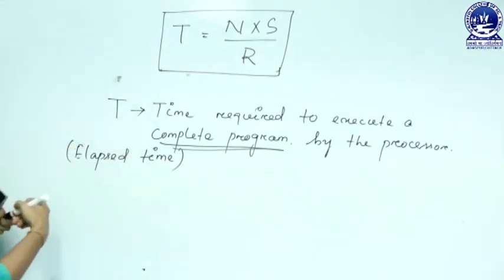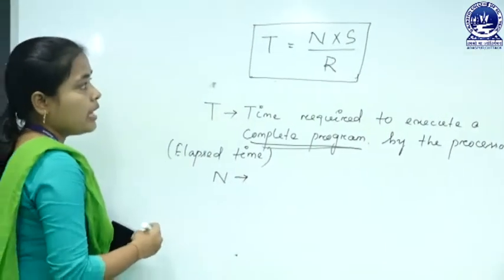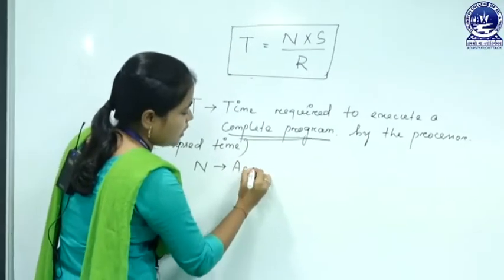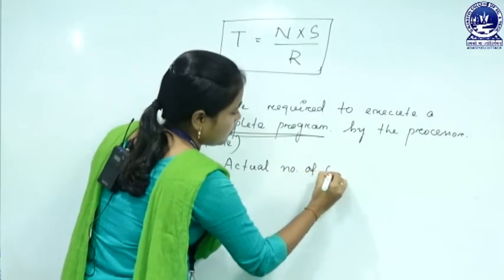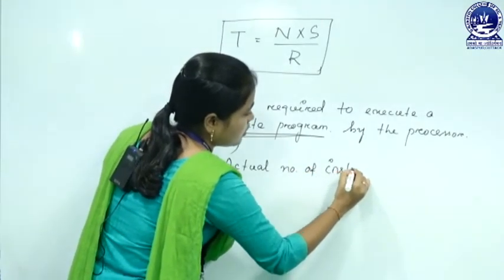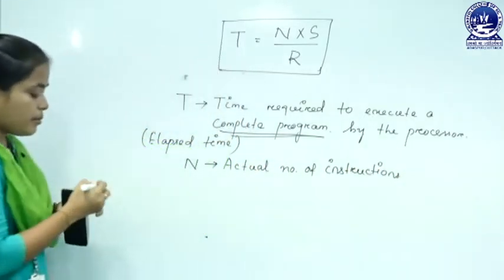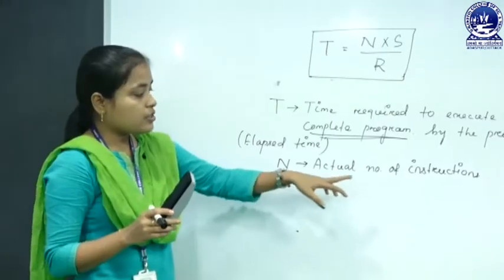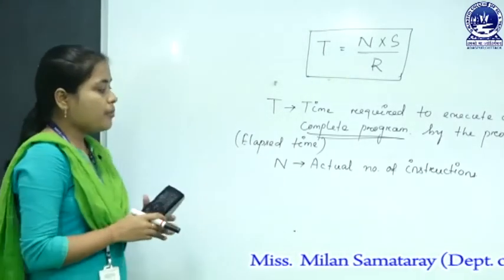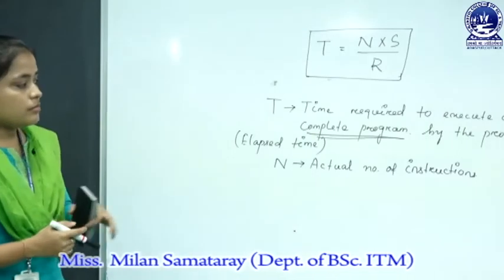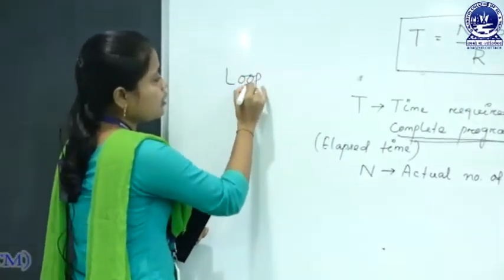And the next one is N. What does N represent? N is the actual number of instructions, meaning the instructions which are actually executed in a program. For example, there are some instructions like a loop.